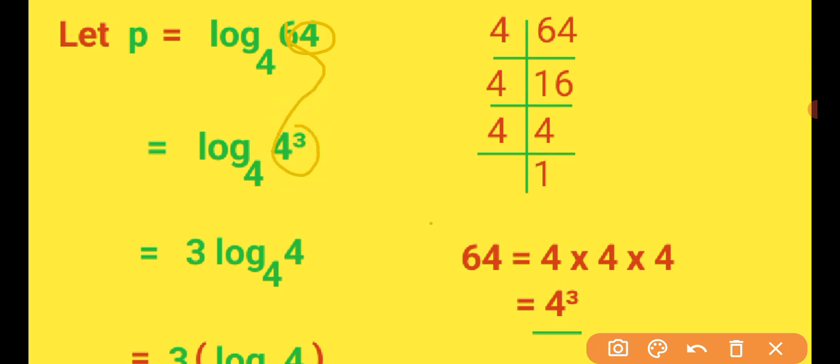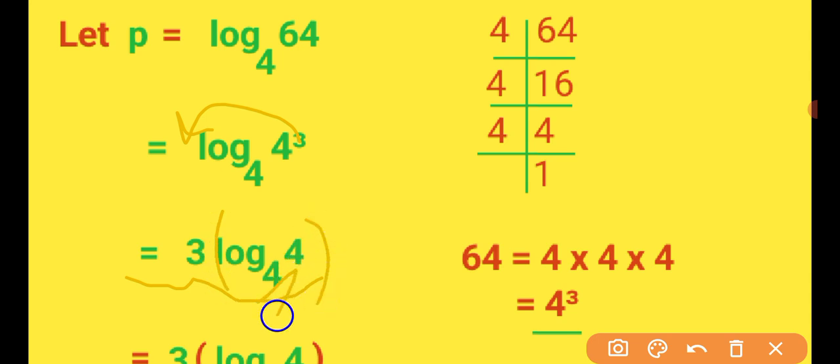So since the power is here, we know that when the number in front of the log has a power, we bring the power down. So when we bring it down before log, here we shall have 3 multiplied by log to base 4 of 4. Log to base 4 of 4, we consider this one as separate, and since the base is the same as the number, we indicate it in the next step.